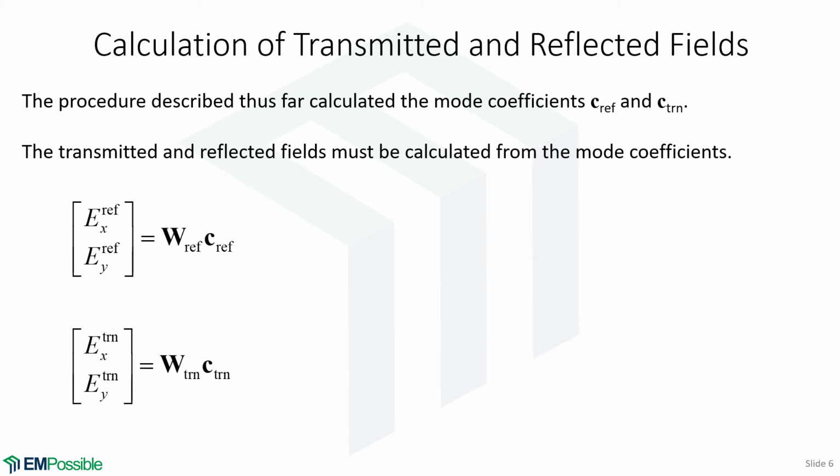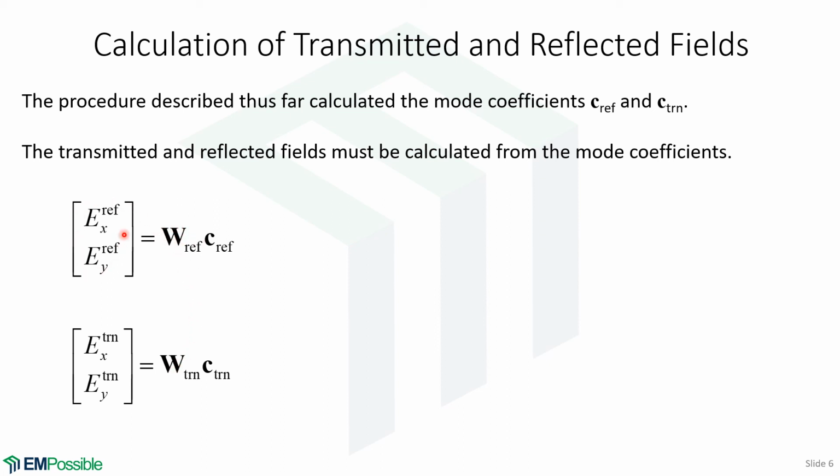Well, we know the mode coefficients at this point. That's not sufficient. Really, in order to calculate how much gets transmitted and reflected, we need the fields. So in order to calculate the fields from these mode coefficients, we have to pre-multiply by our eigenvector matrices.